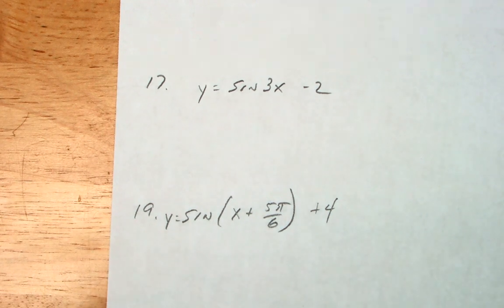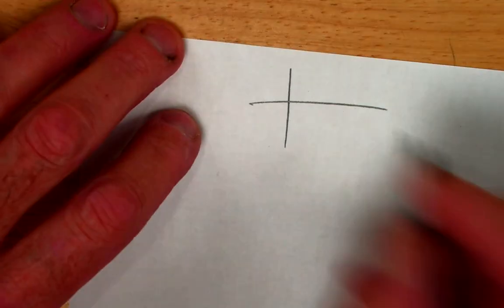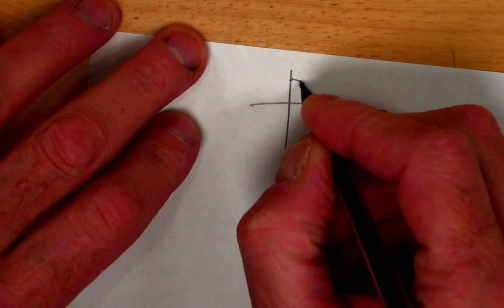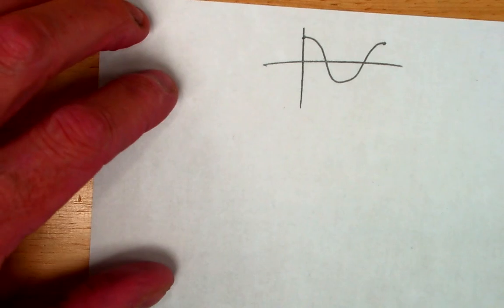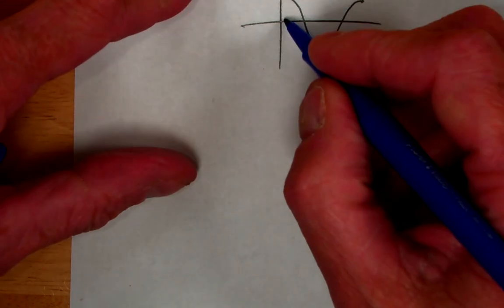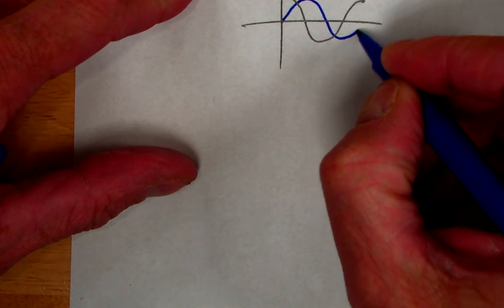Okay, so from yesterday, real quick, let's do a quick review. When we're graphing, which one starts up here? Cosine. That is cosine. And then the other one, sine.